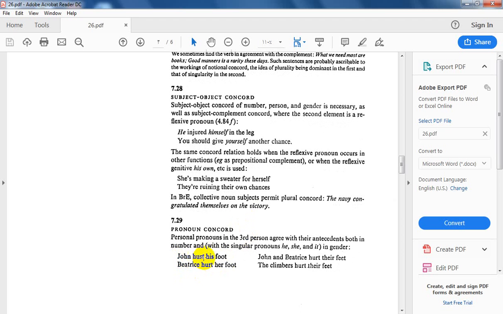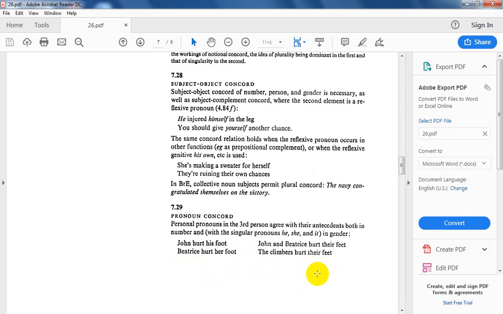He with his. John and Beatrice hurt their feet. I have John and Beatrice, they, with their. Beatrice hurt her foot: she with her. The climbers hurt their feet: they with their.